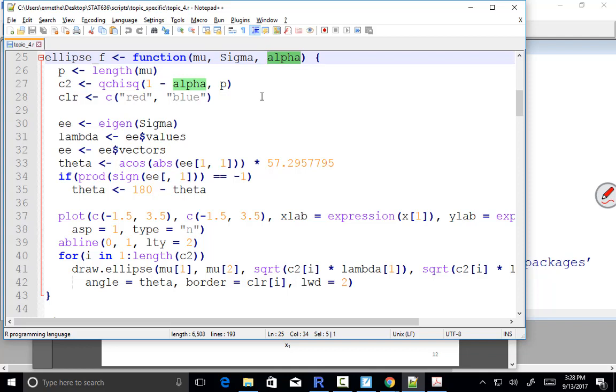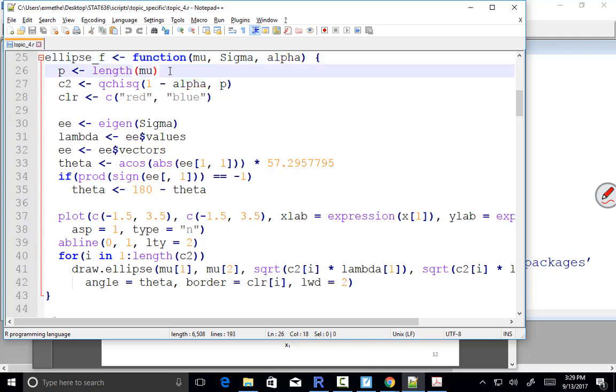Do you want a 95% confidence interval, or a 99%, or an 80%? We use this alpha to indicate 1 minus your confidence level. So a 95% confidence interval would be a confidence interval with alpha equal 0.05. That's where the notation is coming from.